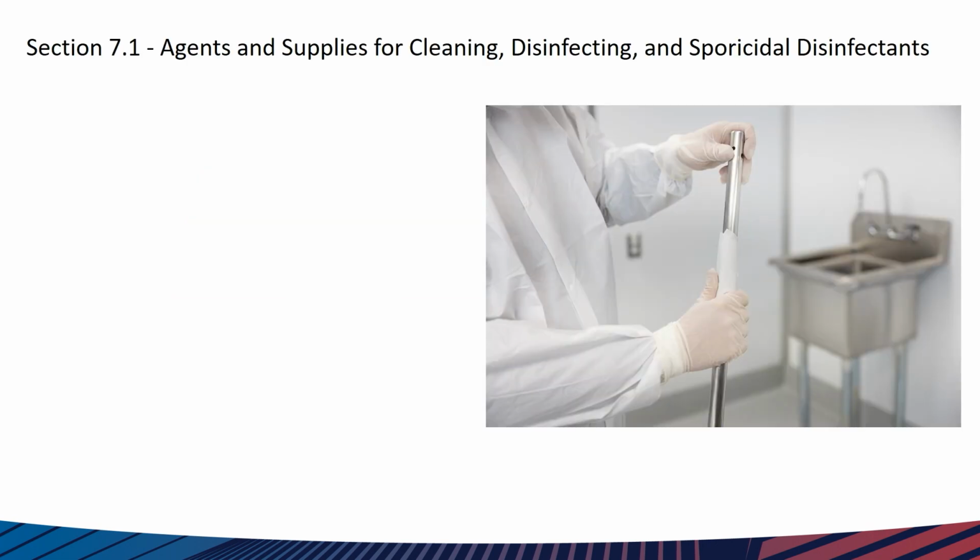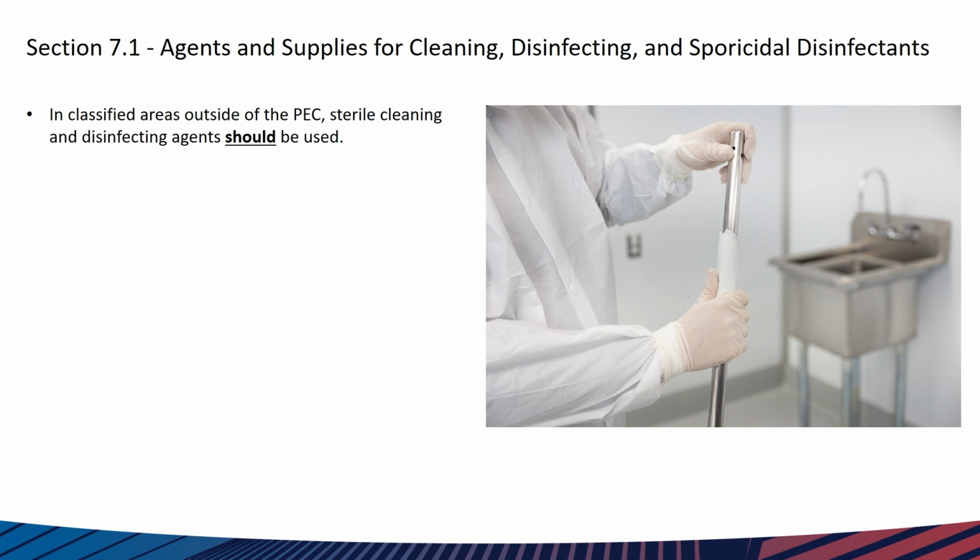So I want to talk a little bit about what the chapter requires as far as the agents and the supplies that you're going to need for cleaning in a space. In classified areas outside of the PEC, sterile cleaning and disinfecting agents should be used. So we know the chapter says inside of our PEC we must use sterile disinfectants, but outside of the PEC the chapter says should be used. Do you have to use sterile disinfectants?